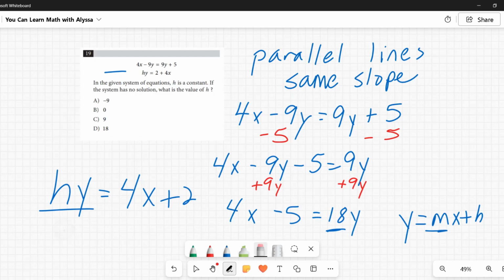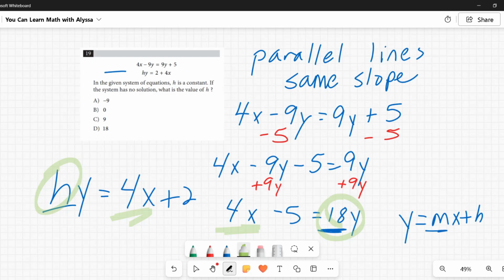So I don't have to take that extra step of dividing both sides by the coefficient in both these equations and then trying to solve things. I don't have to do that because I've got a coefficient in front of a y on both sides, and I've got 4x. That's key. The x's are identical, and because they're going to have the same slope when I divide by the coefficient in front of the y, the coefficients must also be identical.